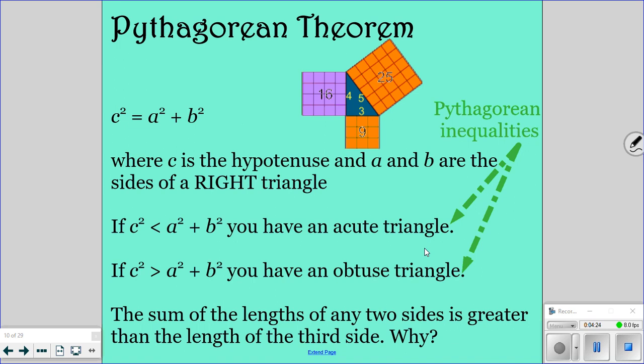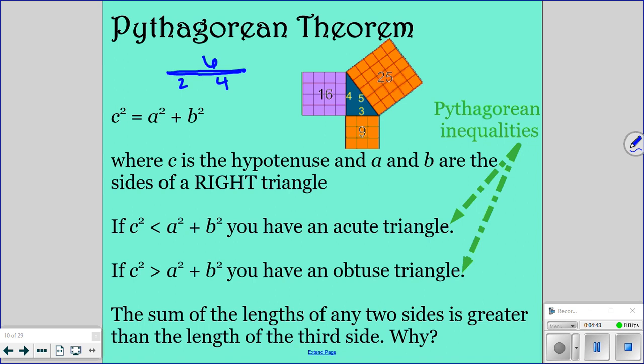The sum of the lengths of any two sides is always going to be greater than the length of the third side. And why is that? If you have a side length that is 2 and a side length that is 4, going from here to here is 6.